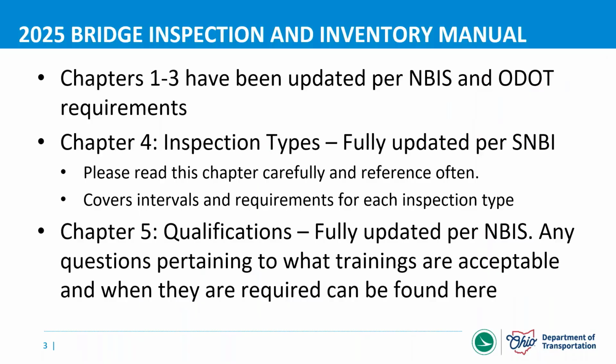Chapters 1 through 3 are relatively similar to our old inspection manual, but they have been updated per new NBIS and ODOT requirements. So chapter 1 is just an overall introduction. Chapter 2 is restrictions, which gets into load ratings, critical findings, etc. And chapter 3 is bridge files, basically what should you have in your bridge file.